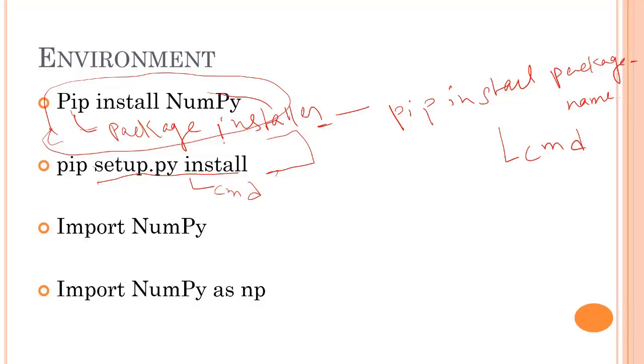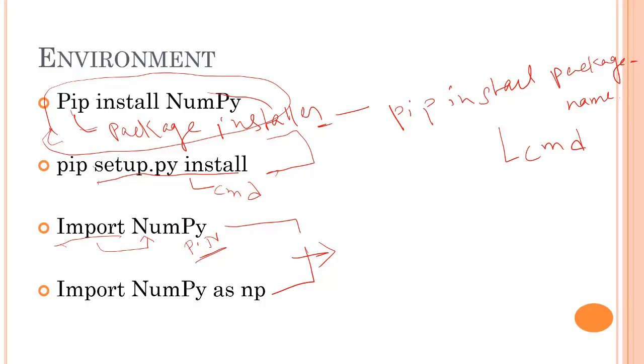Now move to importing. Once we install it, we have to import it. There are two ways to import, and both are 99.99% the same; one just uses an alias name and the other is imported normally. We use the keyword import and then the package name, numpy. That is just the package name, and your importing is done in the Jupyter notebook.